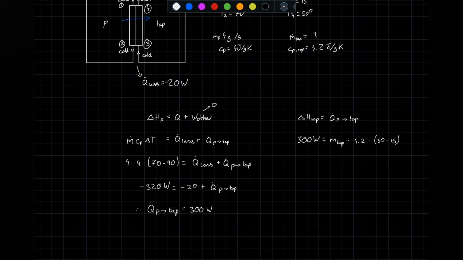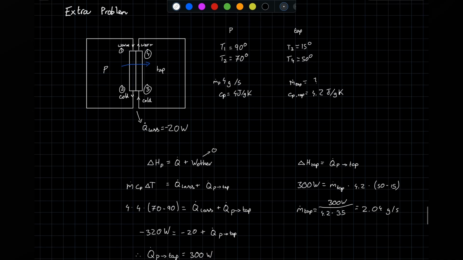So if you plug in your numbers here, you get that your mass flow should be 300 watts divided by 4.2 times 50 minus 15, which is 35, I believe, which gives you 2.04 grams per second. And this is the correct answer.